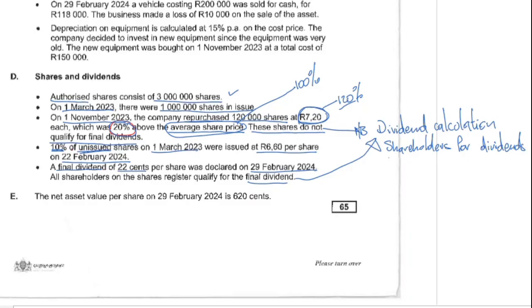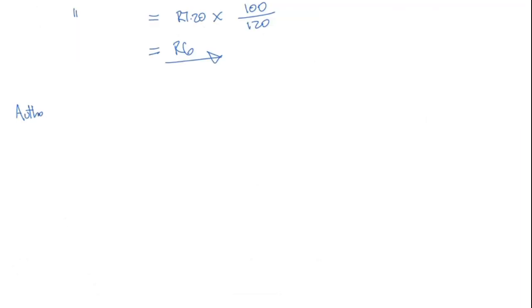back our shares. With regards to the share issue, we are told that 10% of the unissued shares on 1 March 2023 were issued at 6 rand 60 per share. So how do we get the unissued shares? We use the equation authorized shares minus issued shares equals unissued shares.